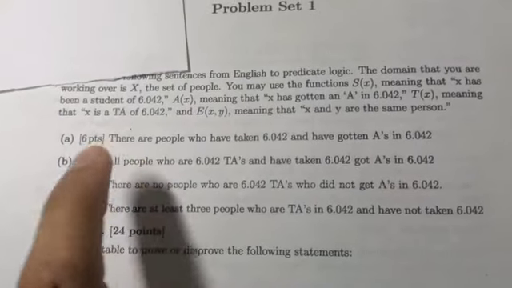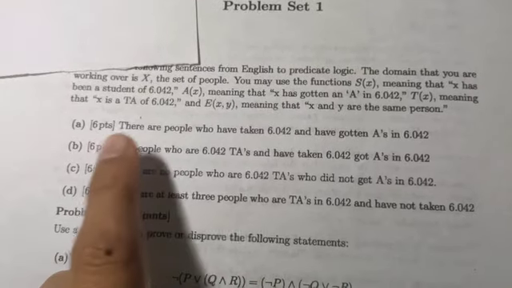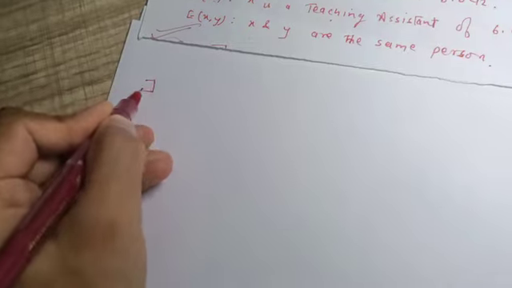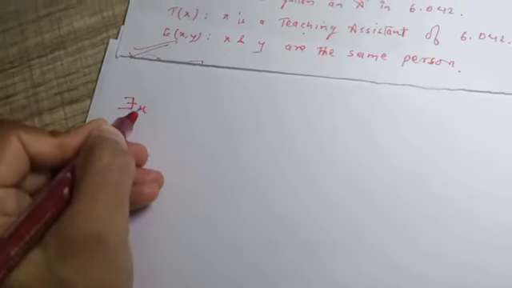The first sentence that we need to translate is: there are people who have taken 6.042 and have received an A in it. So for 'there are people', we use a symbol called 'there exists', and it is denoted by that symbol. So there exists some X, right?